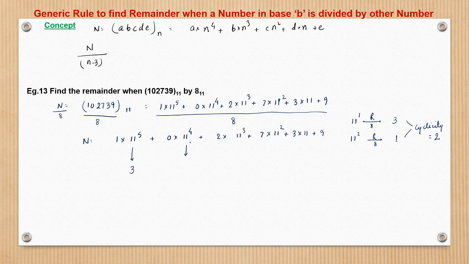In case of 4, the remainder would be 1. Here it will be 3, here 1, here 3, here 1. So basically, to find the remainder of n by 8, this is nothing but 1 into 3 plus 0 into 1 plus 2 into 3 plus 7 into 1, 3 into 3 plus 9 into 1.